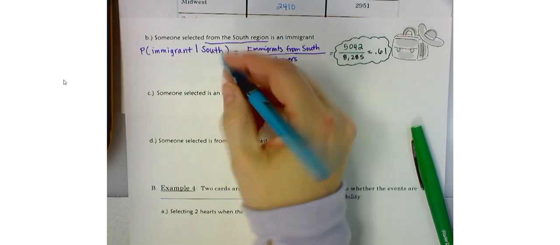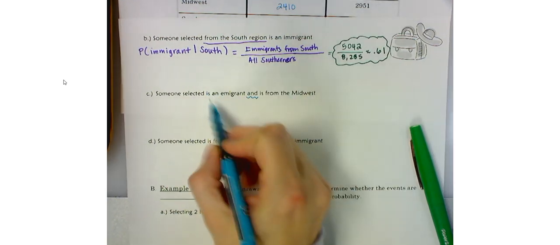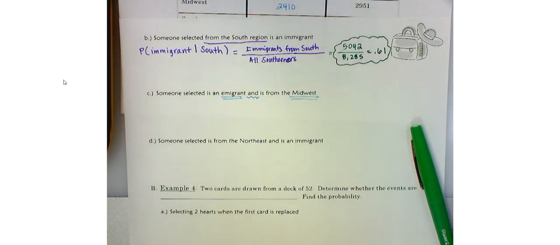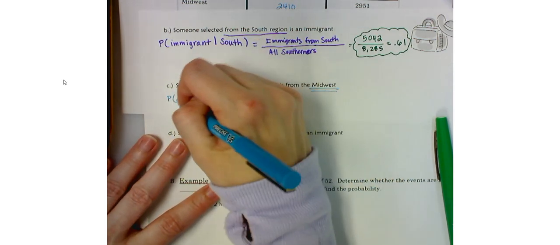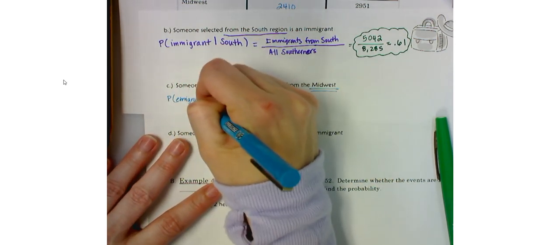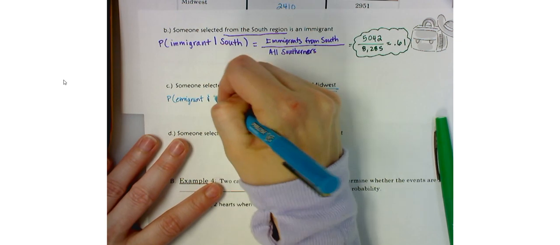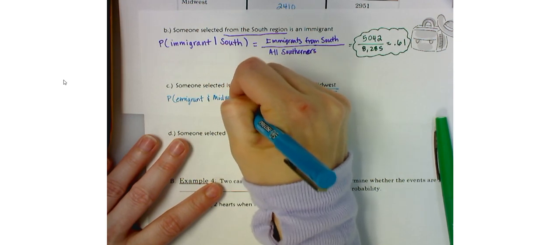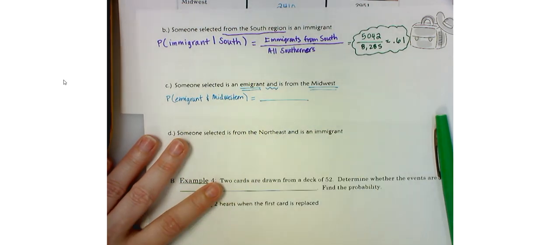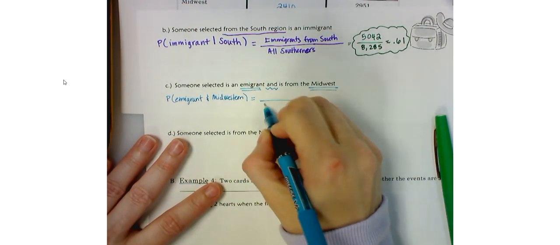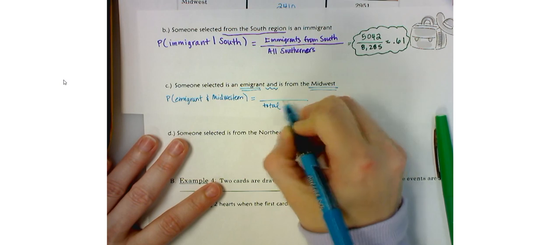So if we're finding the probability that a person is an immigrant and Midwestern, then we're going to set this up over the total number of people. So everybody in the chart. And on the top would be somebody who is an immigrant and from the Midwest.